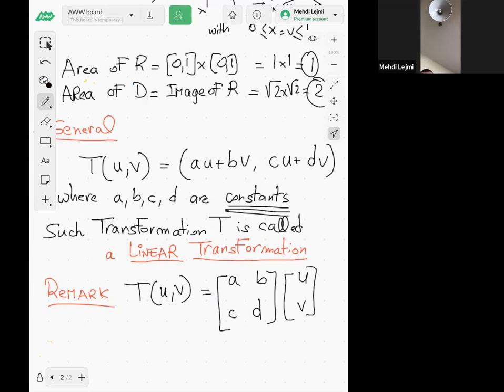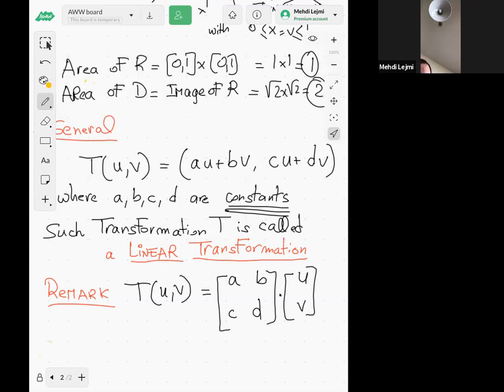This is a multiplication of matrices. You don't need to know for this course how to multiply matrices, it's not a linear algebra course, but let me show it here for your information.